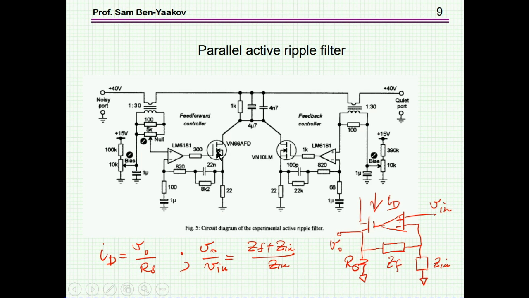And this amplifier is configured as a non-inverting amplifier. We have the same thing on the other side, and then this current is fed through this configuration and practically through the capacitor. There are two capacitors because at high frequency, the low ESR capacitor will be more effective. And this is just for the biasing of these transistors.